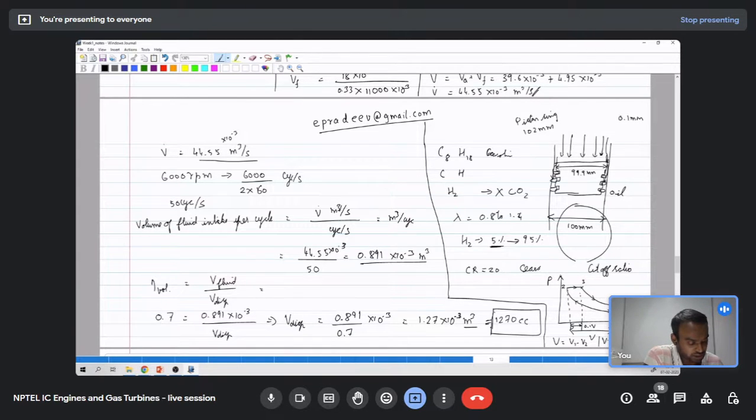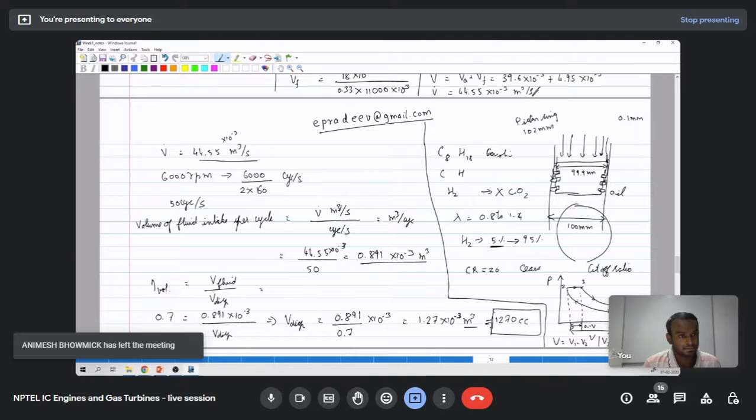So V3 can be calculated, which is 10% of V. Stroke volume is V1 minus V2, so it is 10% of the stroke volume.